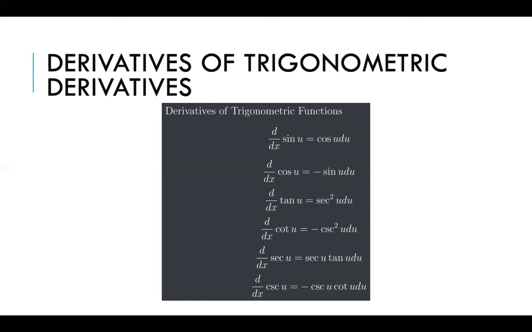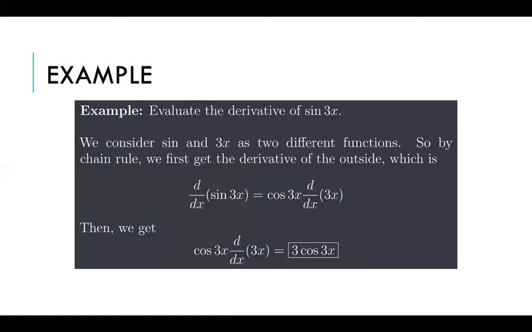respectively. We need to note that this du represents the derivative of the function u in terms of x, which means that in trigonometric functions, we always utilize the chain rule. And one example of this is this problem. Evaluate the derivative of sine 3x.